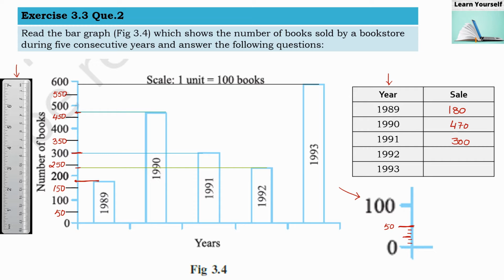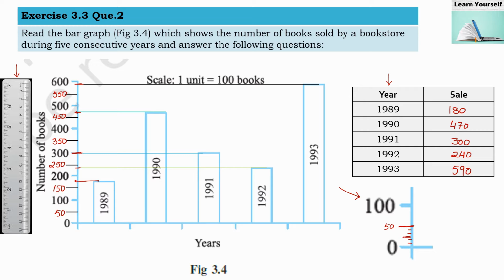So it will give me 240. Then year 1993, it comes a little bit down under 600. So I am taking 10 less than 600. So it will give me 590 books sold in year 1993.